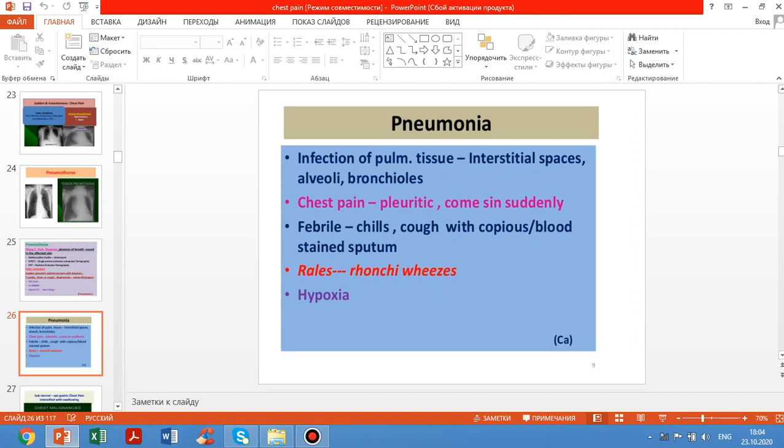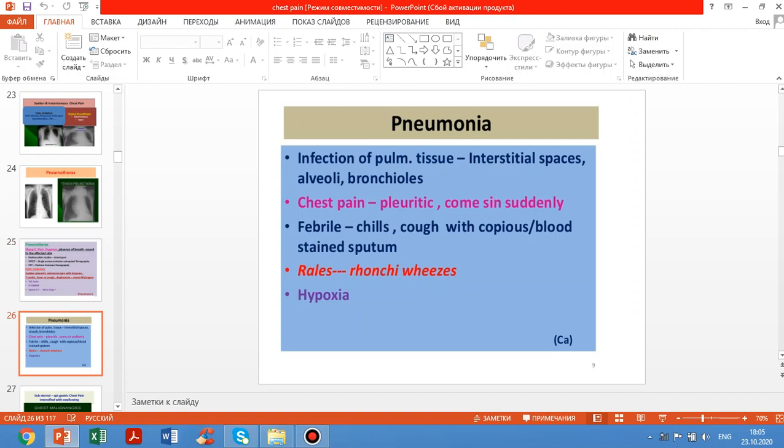Pneumonia: infection of the lungs, pulmonary infection involving tissue, interstitial space, alveoli, and bronchioles. Chest pain, pleuritic, sudden. Febrile, chills, cough with copious blood-stained sputum.